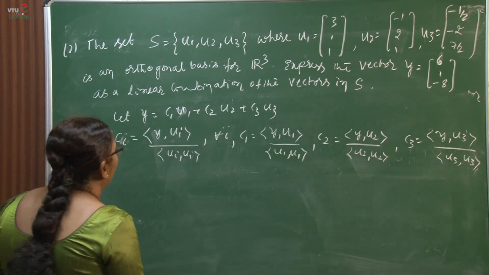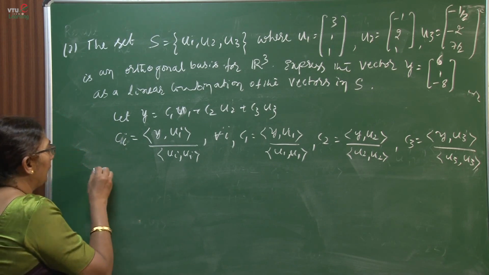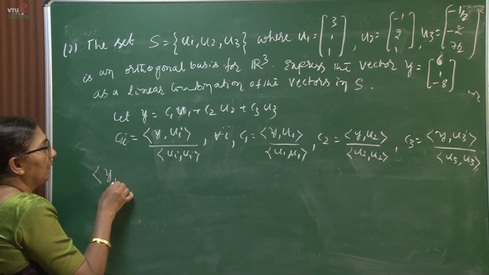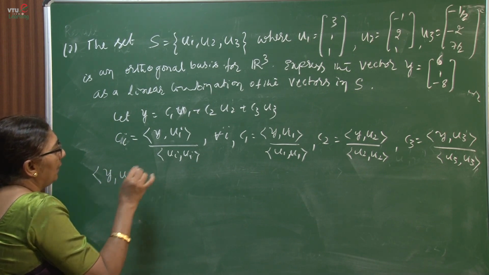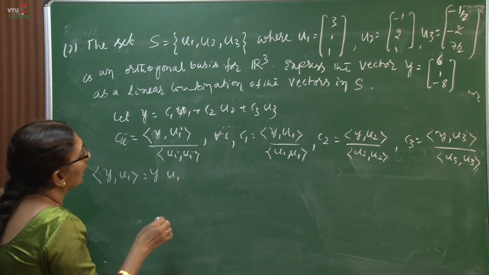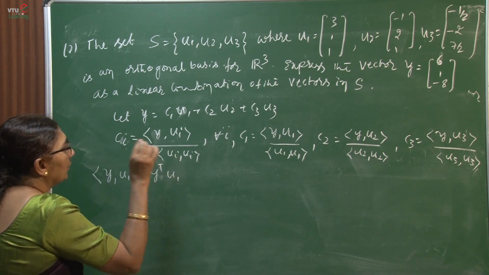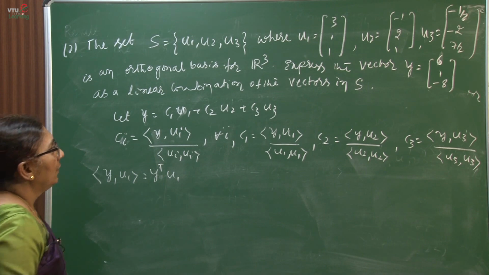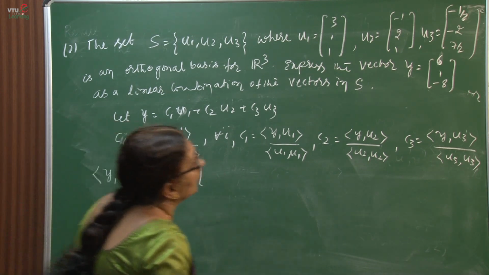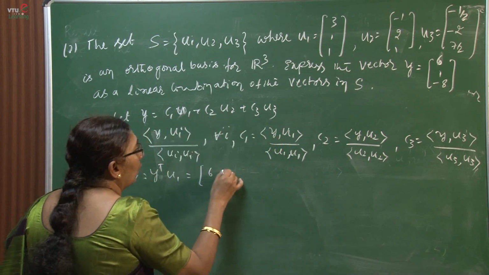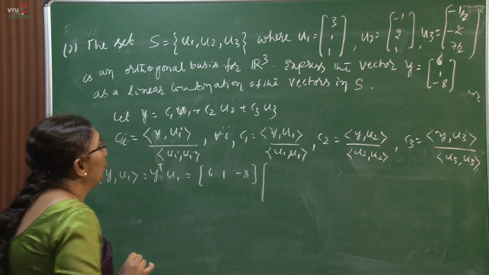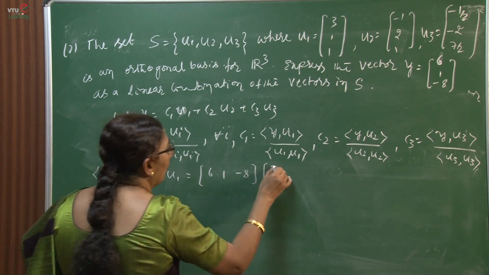In the next step, first you find the values you need. First find the inner product of Y comma U1, which is Y dot U1. Since these are columns, you take Y transpose U1. Y here is (6, 1, minus 8) and U1 is (3, 1, 1).